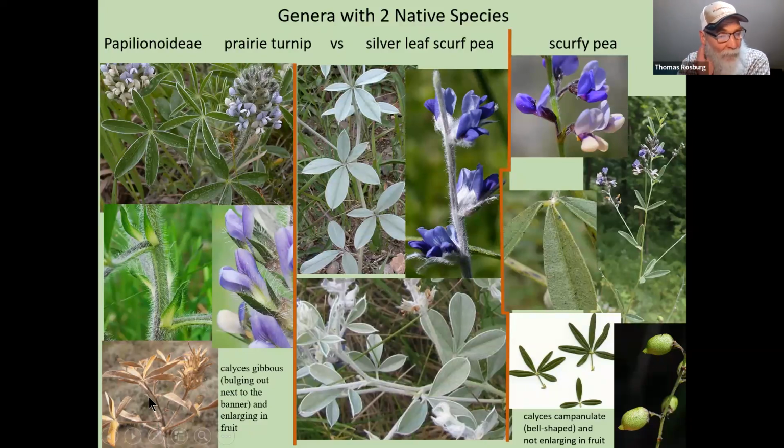I was mentioning this before we got started, that this is why it's one of my favorite plants. It will completely senesce and dehisce at the base of the plant when the seeds are mature and it's ready to disperse seeds, so that it will be able to tumble with the wind and blow across the prairie and disperse seeds that way. Silverleaf scurf pea is not going to do that, or neither is scurfy pea. Another common name for scurfy pea is wild alfalfa.